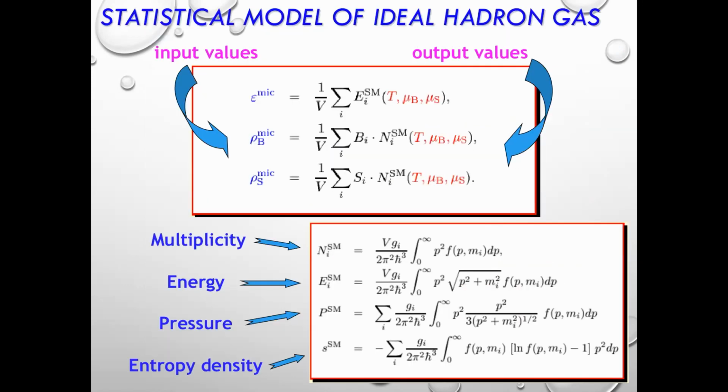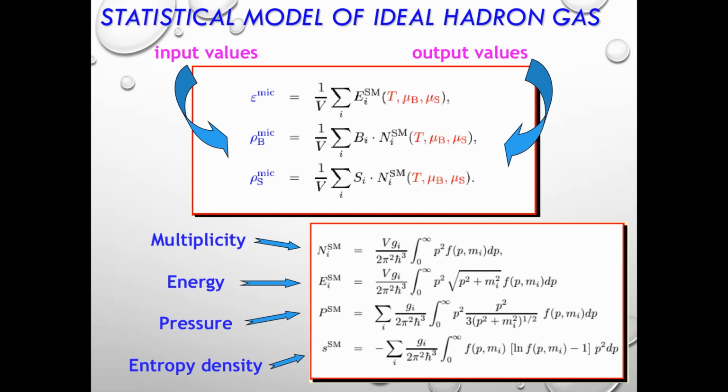Yes. Another thing is that we have to extract somehow thermodynamic quantities like temperature, baryon chemical potential, maybe even strangeness chemical potential, because out of the microscopic model we can get just the energy density, net baryon density, and net strangeness density.